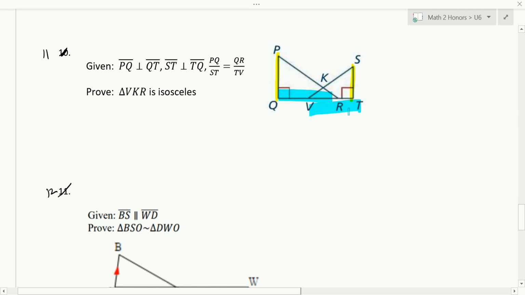And so they've already established the hard part for us, which is the proportion. All we have to establish is that the two right angles are congruent to each other, which we've done before, and we can do that. And we can say they're similar. Okay, so let's write it up.